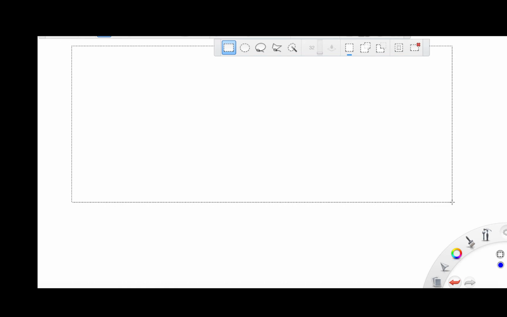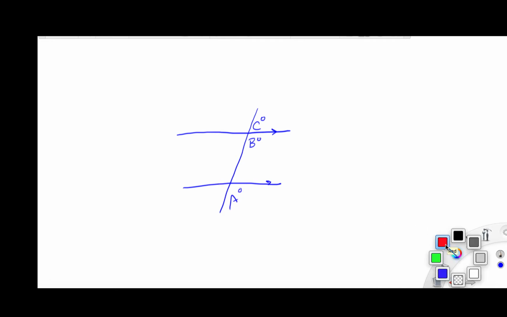All right, let's look at an example of a transversal in 1.4. 1.4 gives us a transversal, and we have two parallel lines. We know they're parallel because we see these little arrows in the line, and the transversal is the line that actually cuts through that. C degrees, B degrees, A degrees, and then it gives us one known, and that is 60 degrees on this side.